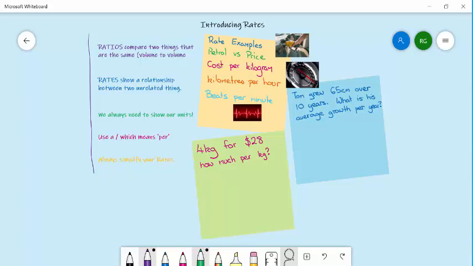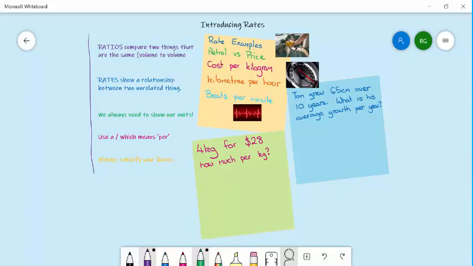What's really important when we're doing rates is that we show our units. We need to make sure that the person doing the question or the person that we're explaining to knows what we're comparing. So they need to know that we're talking about kilometers per hour and not meters per second, because it does make a difference.